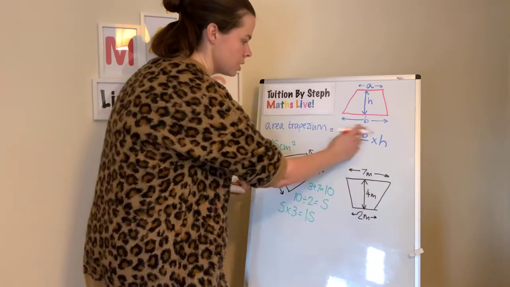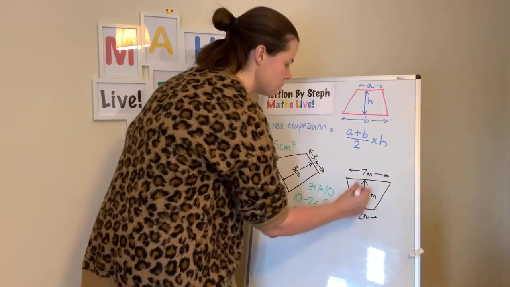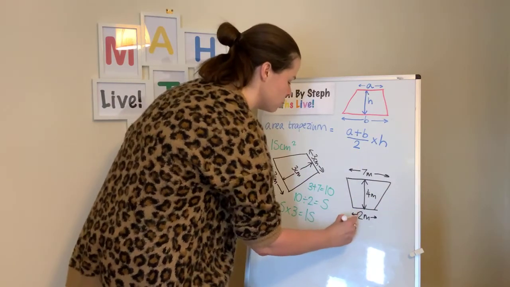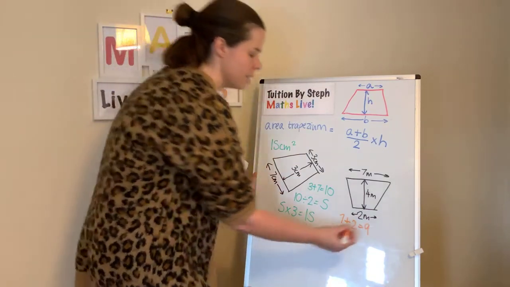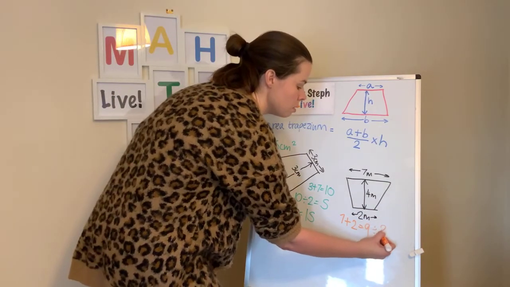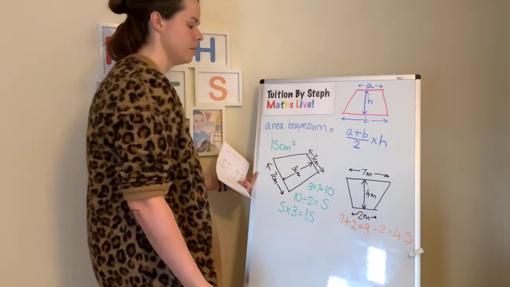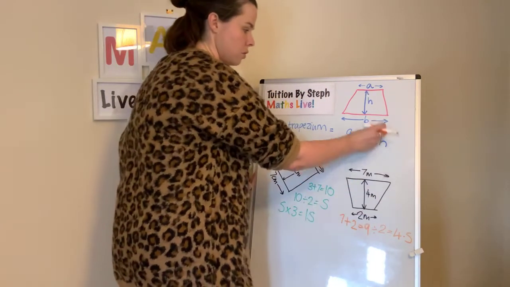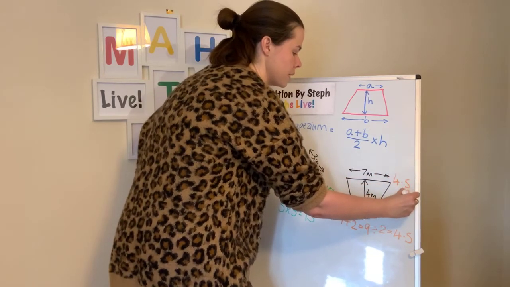For this one, so again, a plus b, 7 plus 2 is 9. We'll write it, where am I writing? 7 plus 2 is 9. Okay. Now, 9 divided by 2 is 4.5. And then we have to times 4.5 by the height. So I'll squash it in here. 4.5 times by 9.